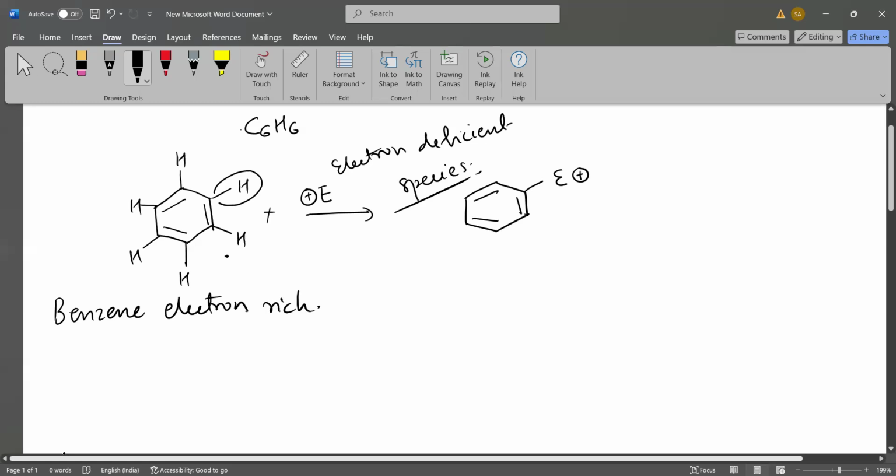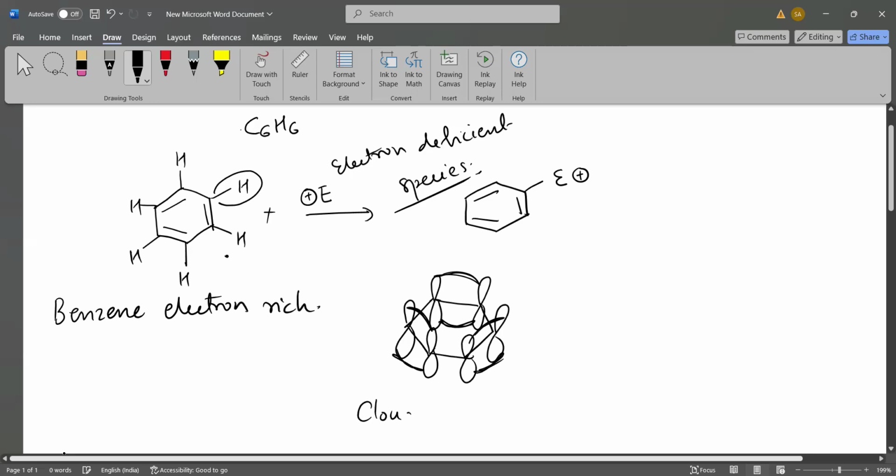If you see the common structure of benzene, suppose these are the 6 carbons. Each has pi bonds, and because of that, there would be overlapping forming 3 double bonds, correct? So benzene has a cloud of electrons.